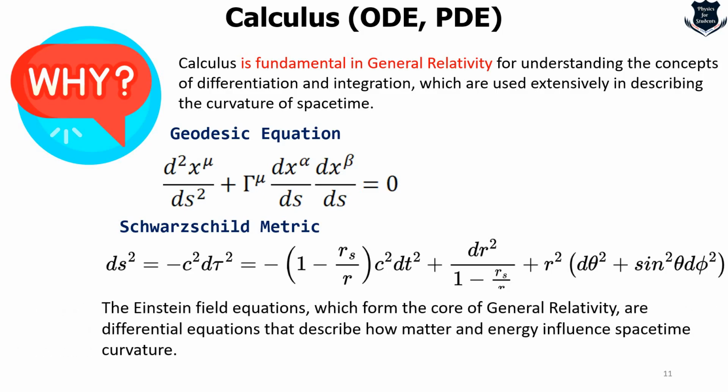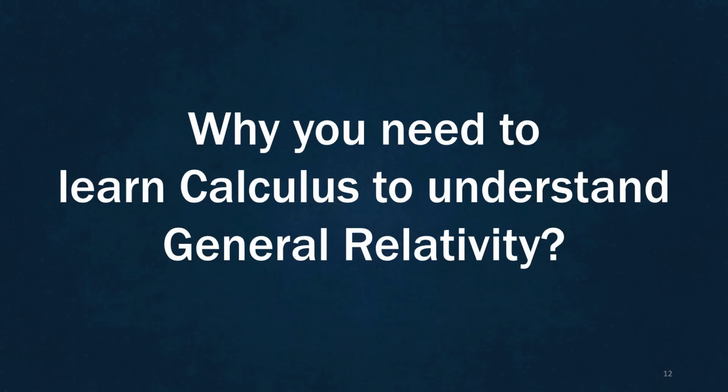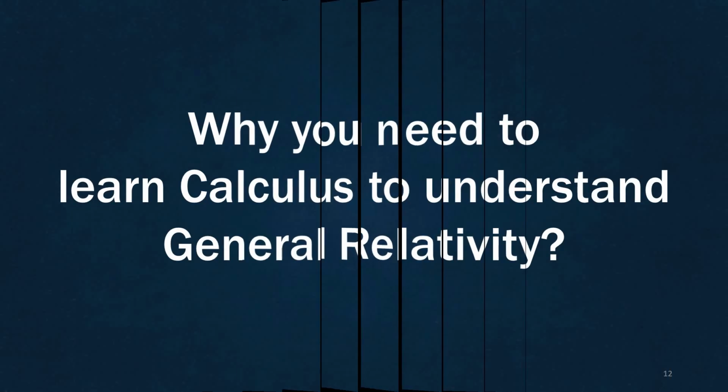So the Einstein field equation, which forms the core and is the guiding power of general relativity, is nothing more than a set of partial differential equations. This is the reason why we need to know calculus very well, and that brings us to the question of why you need to learn calculus to understand general relativity, coming up in the next part of our video.